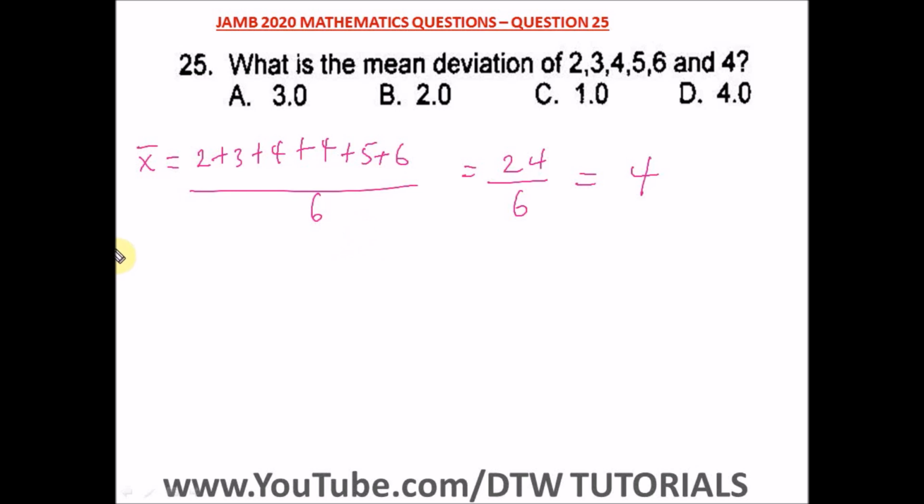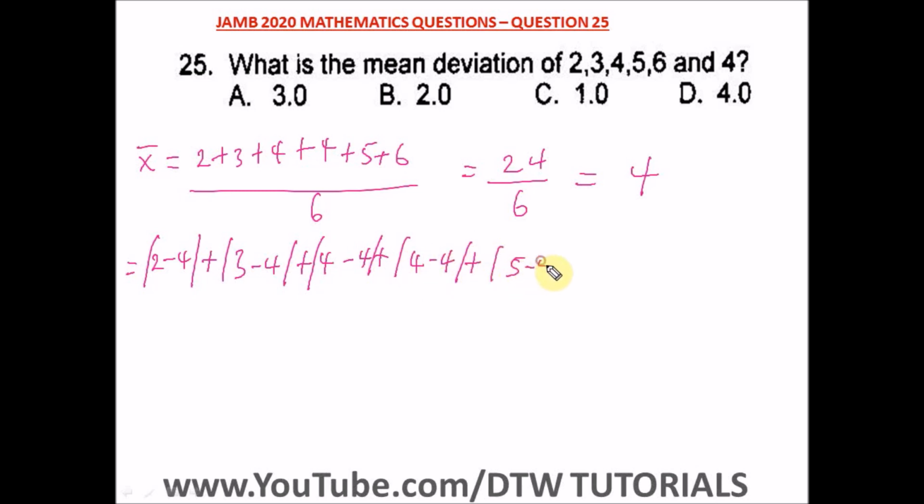Frequency, and also find its average. What I mean is that for mean deviation, we have to take, let's put this in brackets, (2 minus 4) plus (3 minus 4) plus (4 minus 4), don't forget a bracket, plus (4 minus 4) plus (5 minus 4) plus (6 minus 4), all over the total number, which is what? 6.